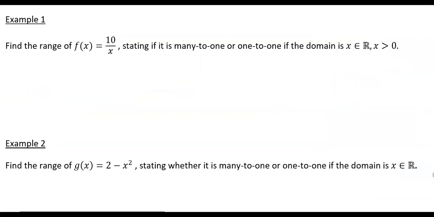Okay, this one says find the range of f of x is equal to 10 over x, stating if it's many to 1 or 1 to 1, and if the domain is x belonging to the reals such that x is greater than 0. Okay, first thing we're going to do for this, the easy way to do it is just a sketch. So our sketch is like this.